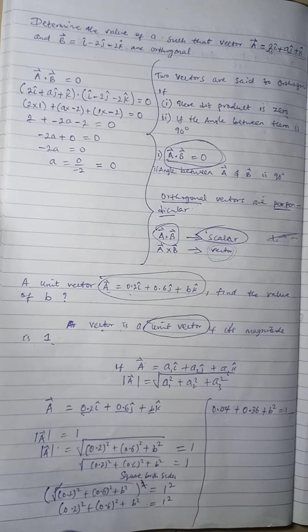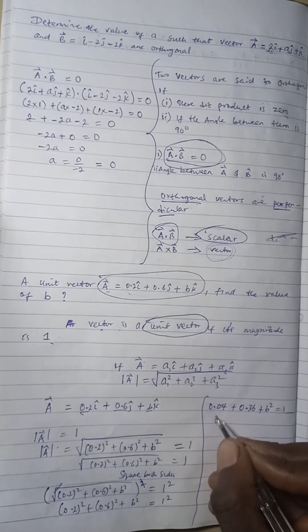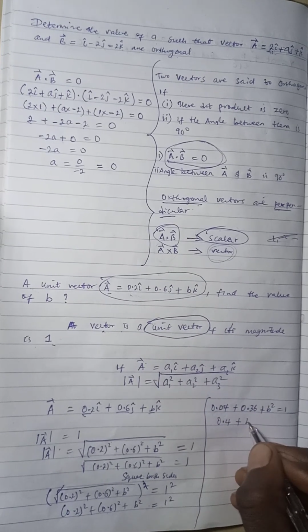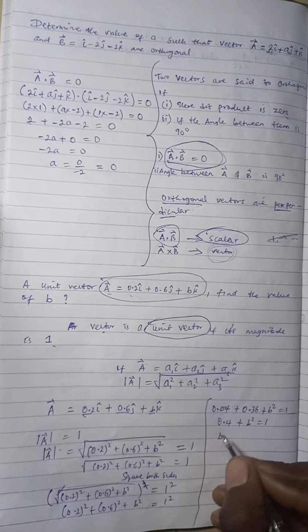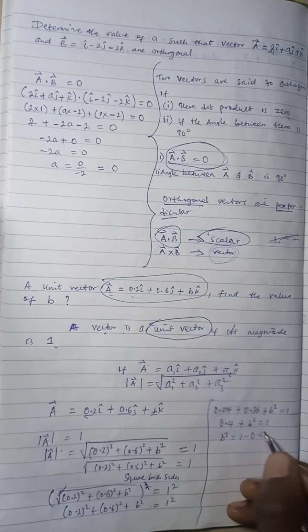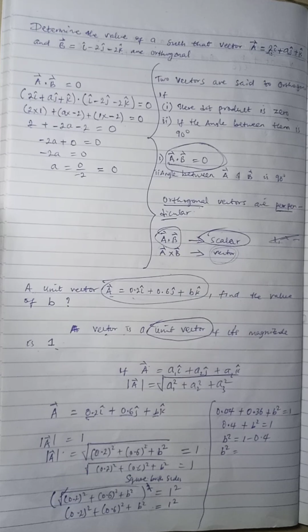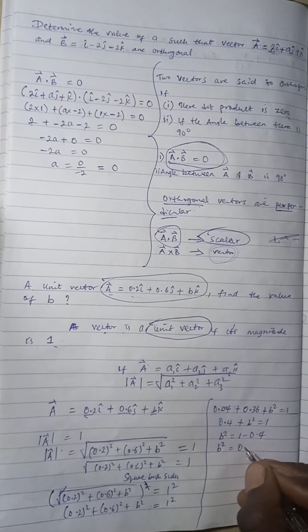Collecting like terms, 0.04 plus 0.36 will give us 0.4, plus b squared equal to 1. So b squared will be equal to 1 minus 0.4, which is 0.6.